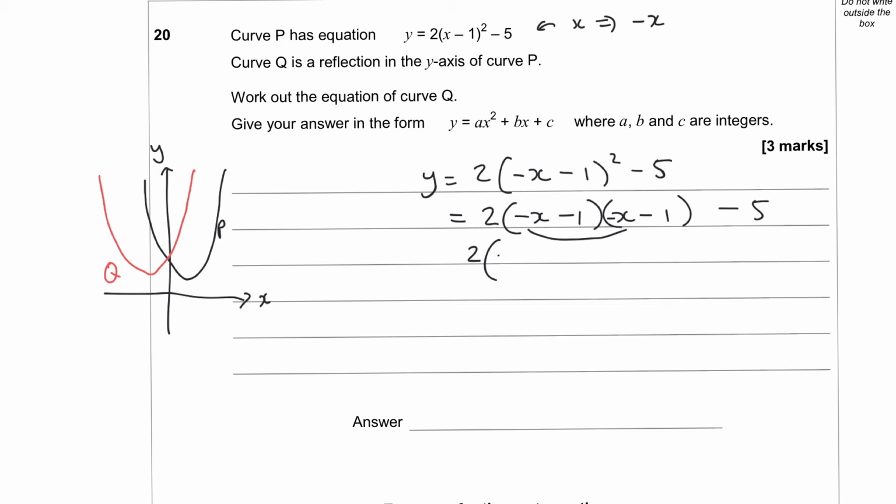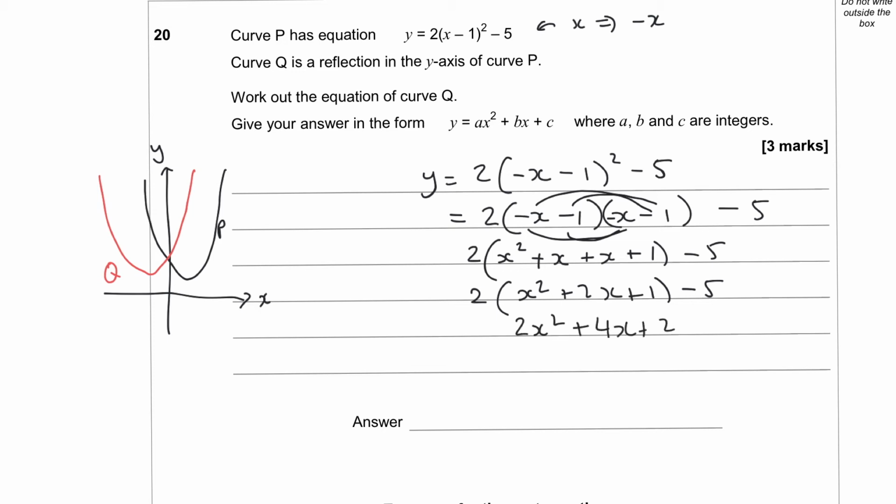Minus x times minus x is x squared, minus 1 times minus x is plus x, minus 1 times minus x again is plus x, and then minus 1 times minus 1 is positive 1. Then we're going to simplify what's inside our brackets. That will be x squared plus 2x plus 1, minus 5. Then we're going to expand the bracket, so that will be 2x squared plus 4x plus 2, take away the 5. So 2 minus 5 would be minus 3.